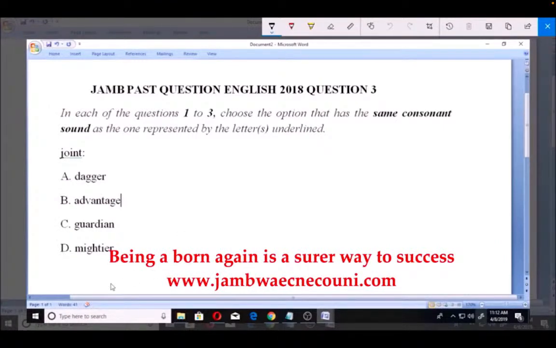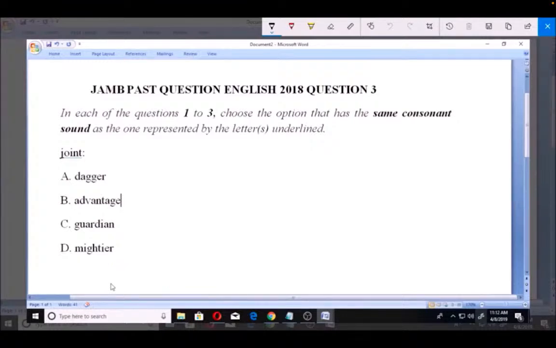Now for us to be able to get this very well, it's good we write the oral transcription for all the words so that we see the one that has a similar consonant as the J in joint. So this is joint, this is the presentation, joint.